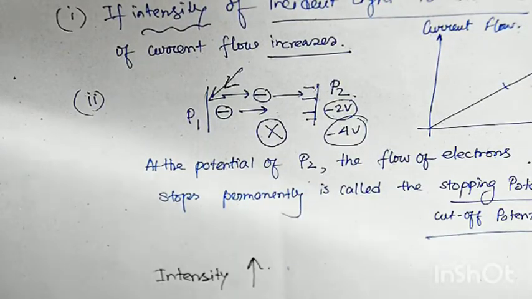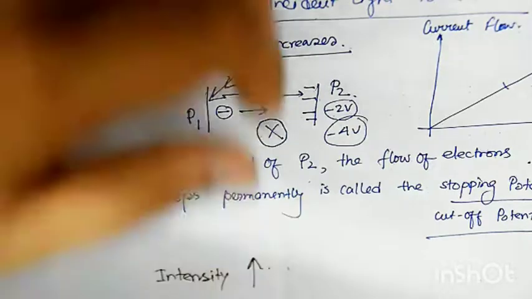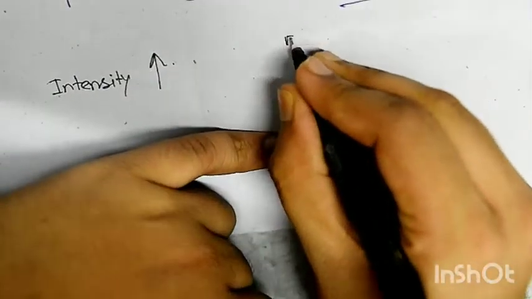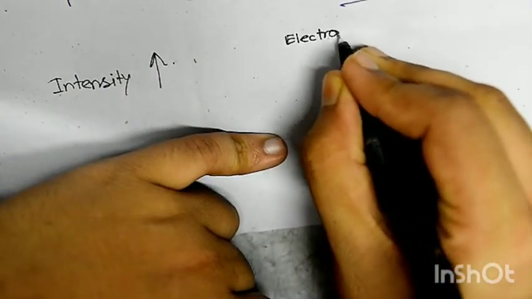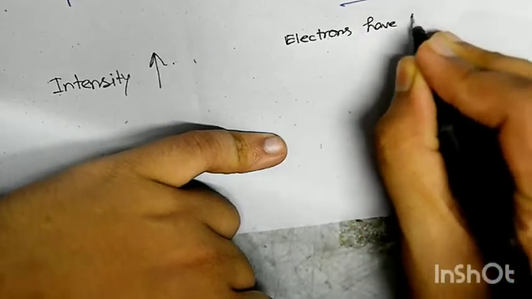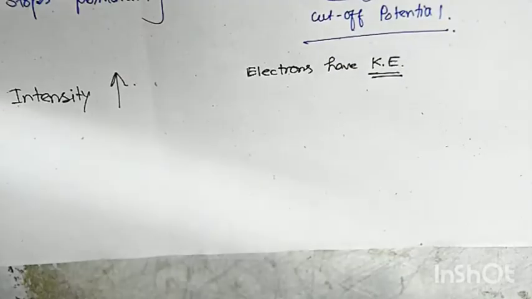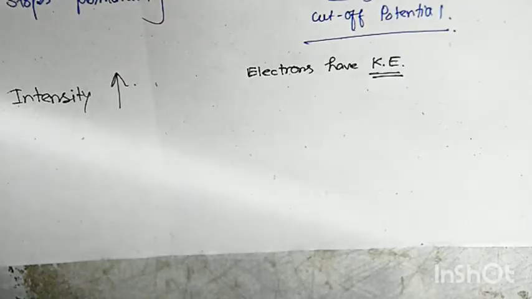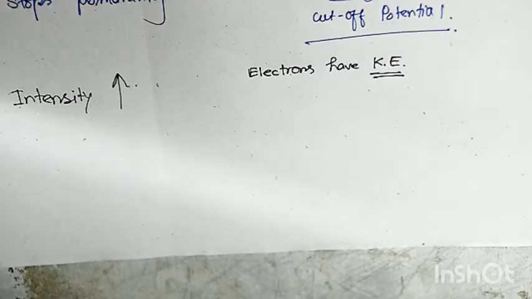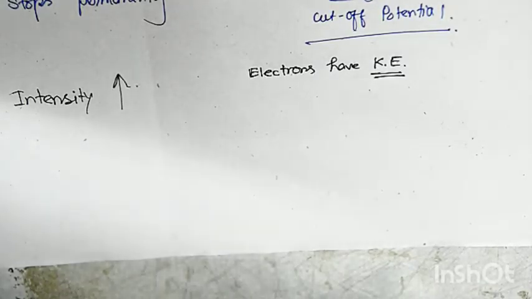Now when these electrons are moving out of their surface, these electrons have kinetic energy. Now the negative potential is actually repulsing them and trying to decrease their kinetic energy.